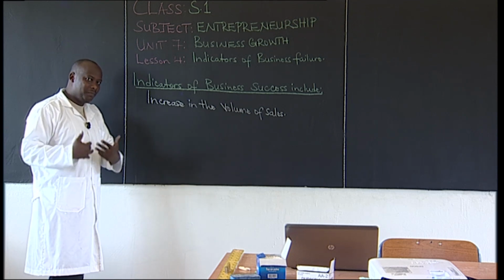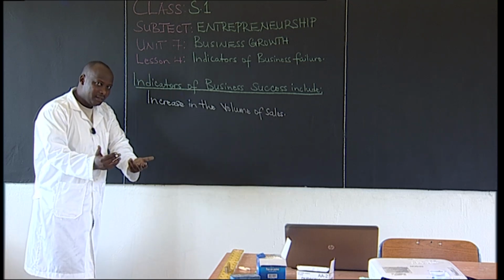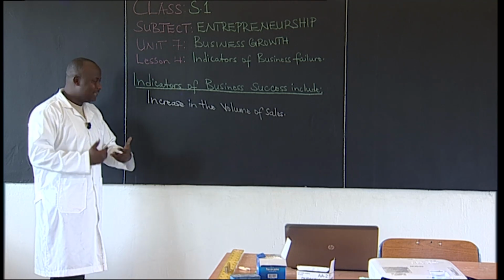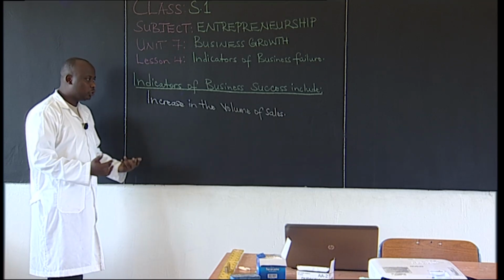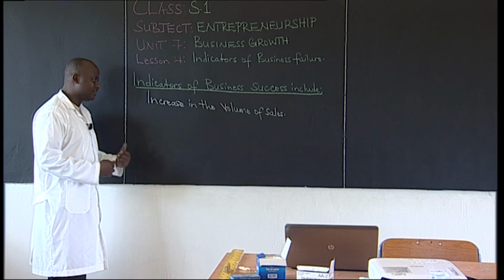Because when a business is able to sell more goods to the customers, the business will be able to generate more profits. And that is an indicator or a sign that shows a business is growing and expanding in size.